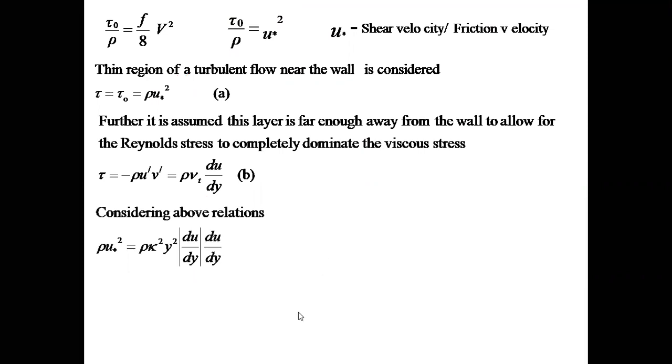Then both are tau, so equation A equals equation B, right? Then rho u star squared equals rho times k squared y squared times this term.